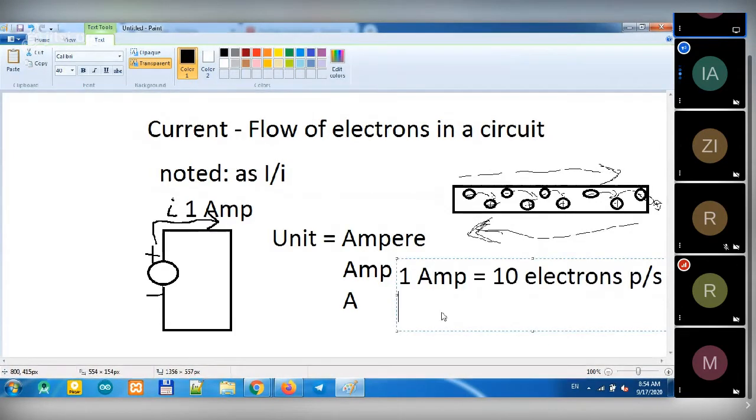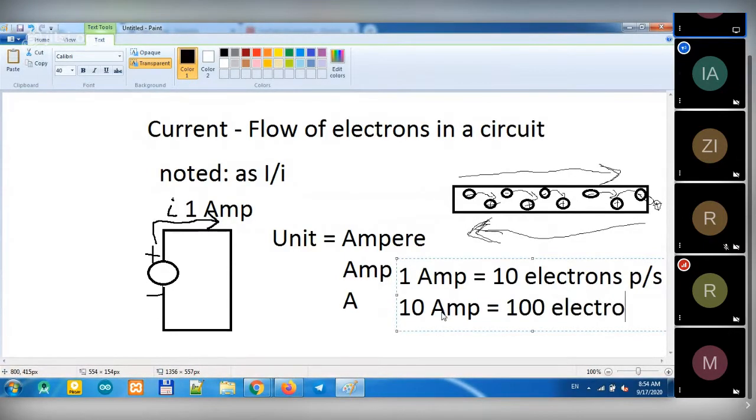Then what about if you put 10 amp? How many electrons moving? 100 electrons moving every second. Okay, it's calculating how many electrons are moving in every second.